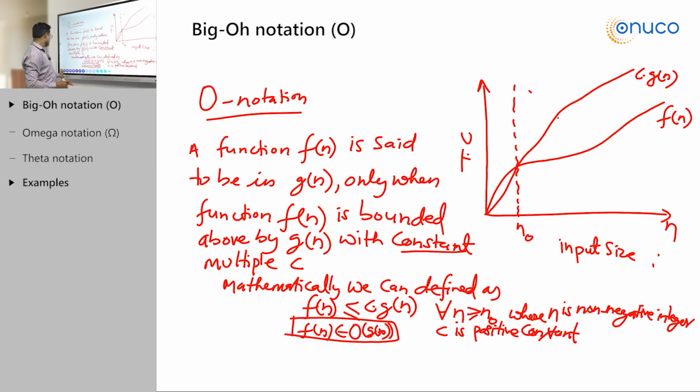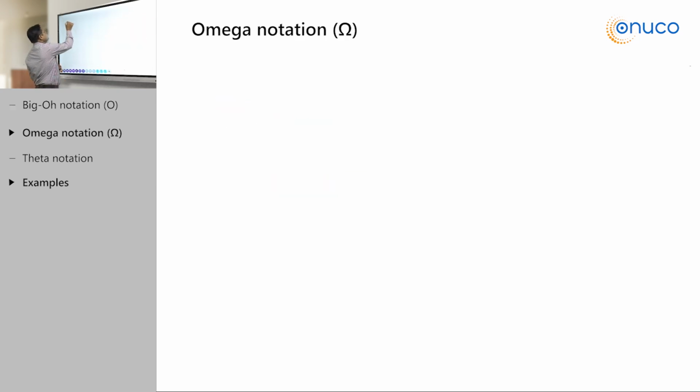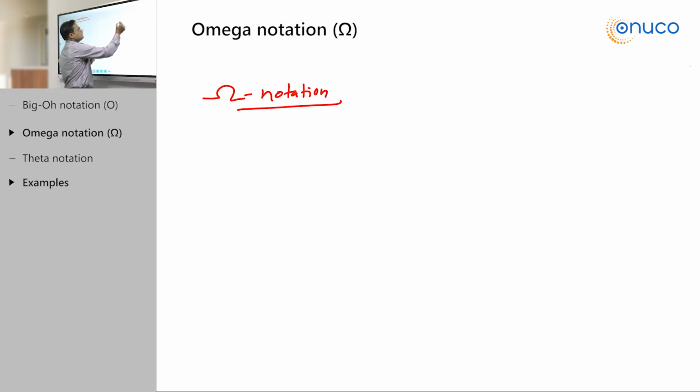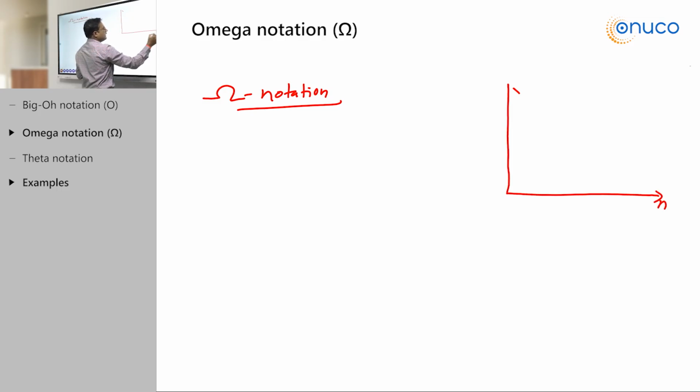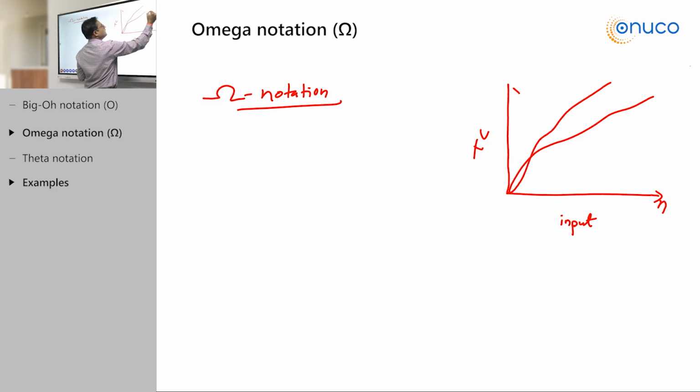Similarly, there is a little difference in big omega notation. We need to think in a different way, or you can say in the opposite way, but we are not going to write it like that in exams. Again, we are going to take up one example. This is n, the input, and this is the time complexity, and take this graph. Say this is c into g of n and this is the f of n function.